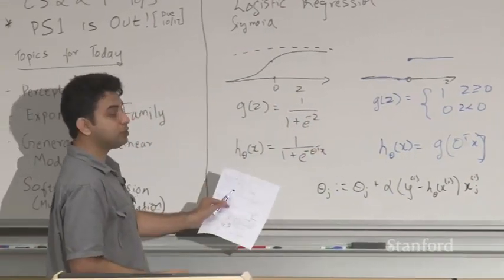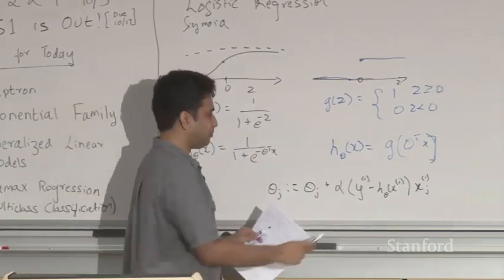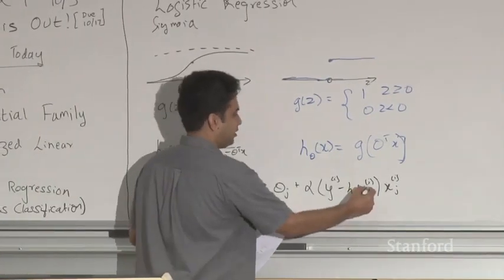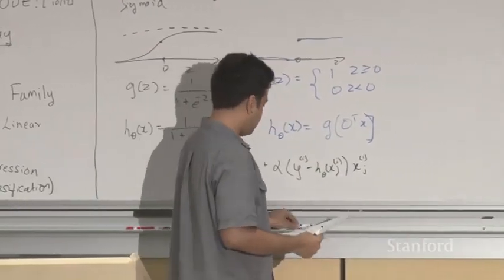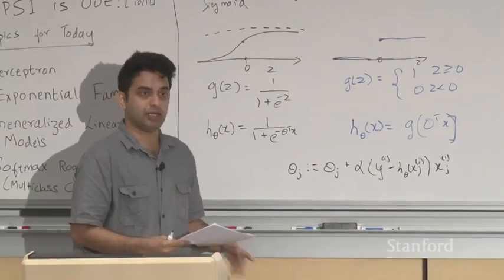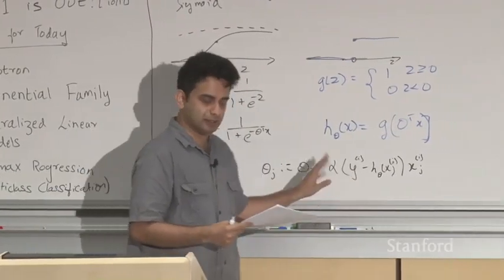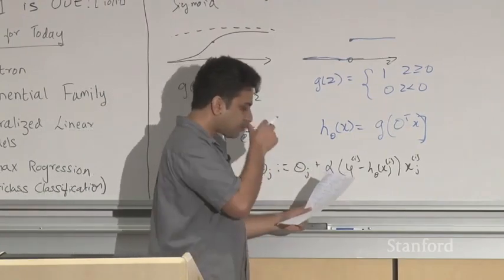So the update rules for the perceptron and logistic regression look the same, except h theta of x means different things in the two scenarios. We also saw that it was similar for linear regression as well, and we're going to see why this is a more common theme.